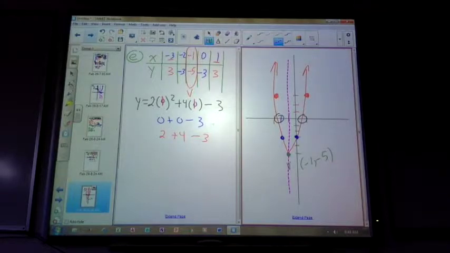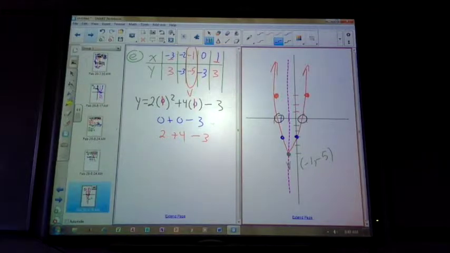Minute left. 30 seconds left. 10 seconds.